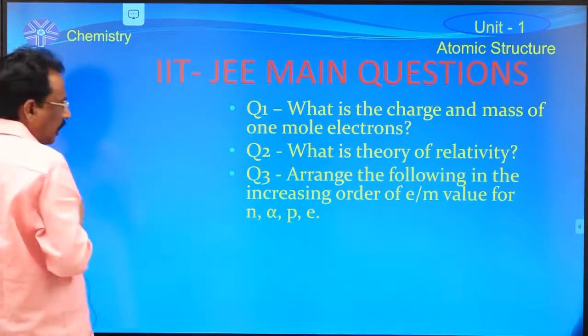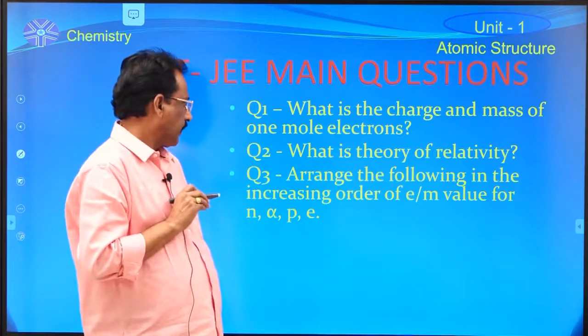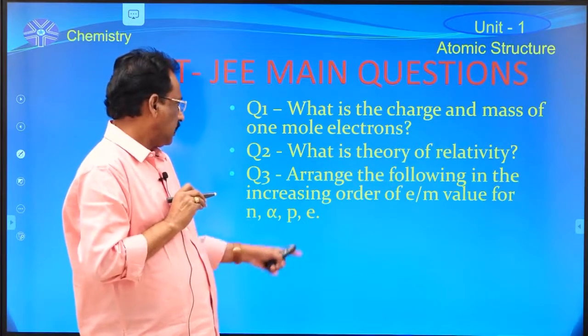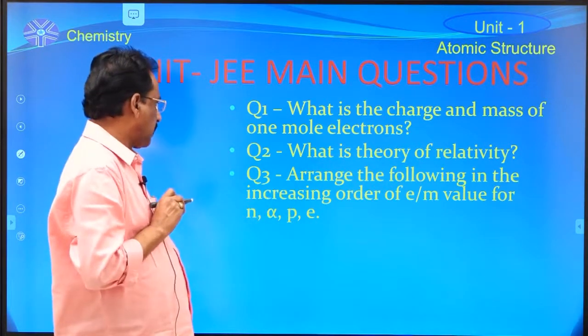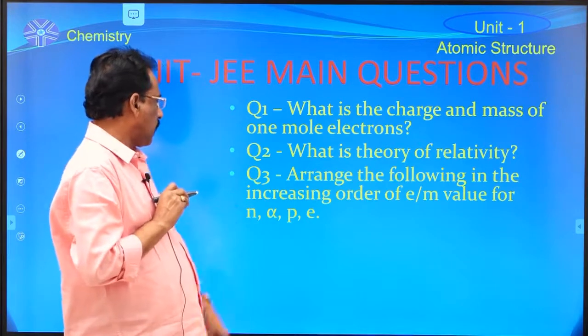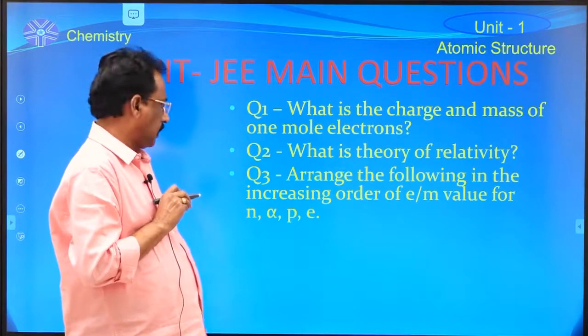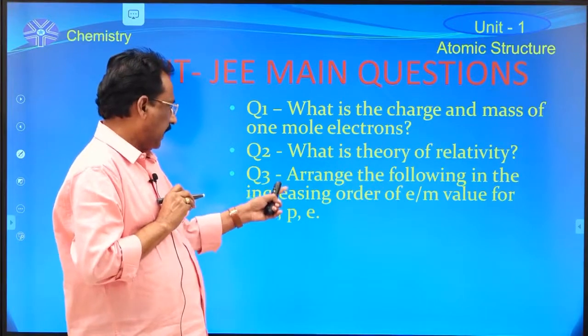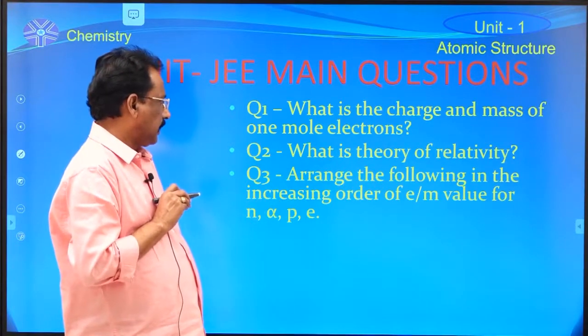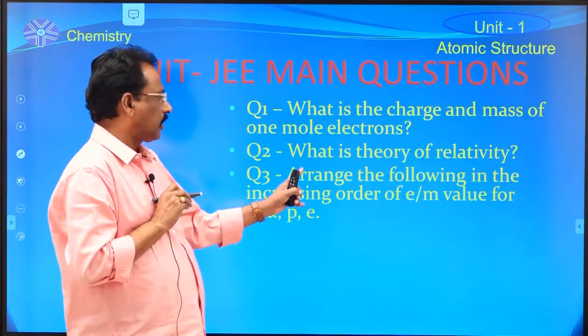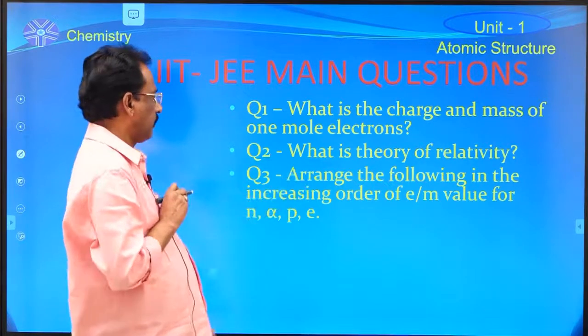Now the third question is, arrange the particles like neutron, alpha particle, nothing but helium particle, proton and the electron in the increasing order of their e by m value.